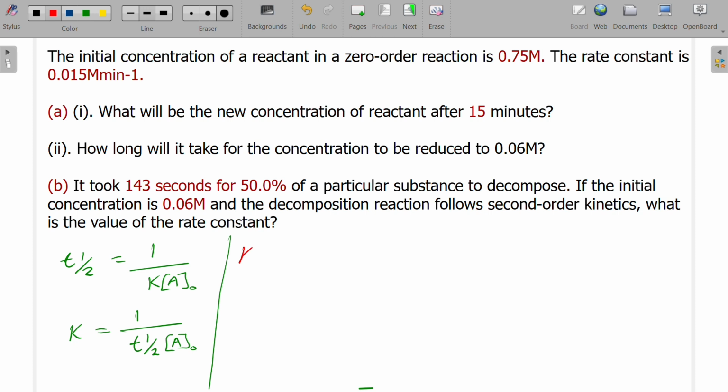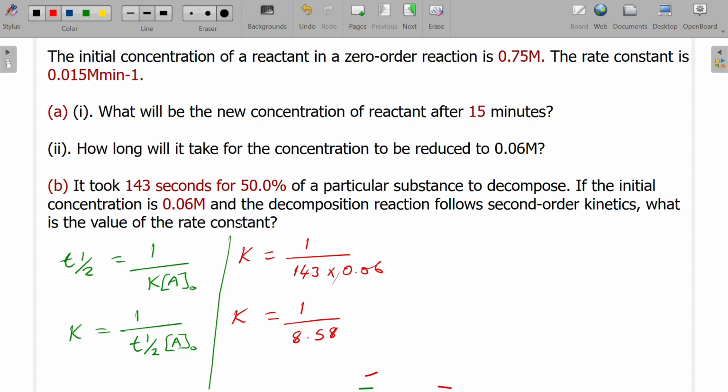Replacing there, k is equal to 1 over our t half, which is given as 143, multiplied by the initial concentration, 0.06. So our rate constant k will be 1 on top, divided by 143 multiplied by 0.06. This is giving us 8.58.